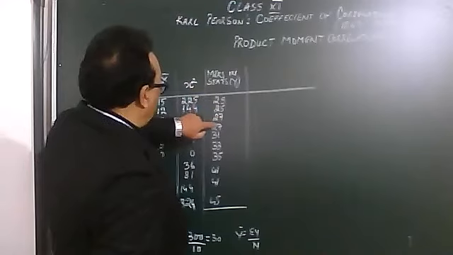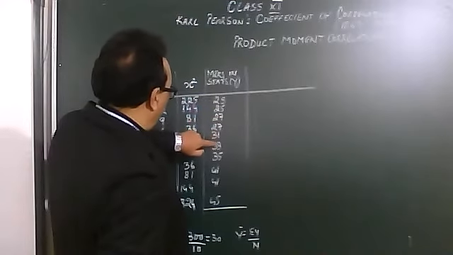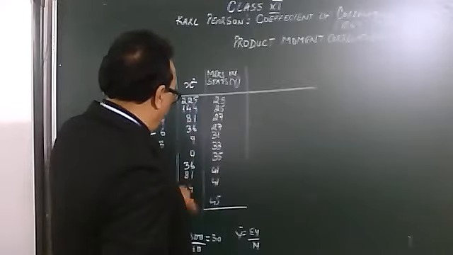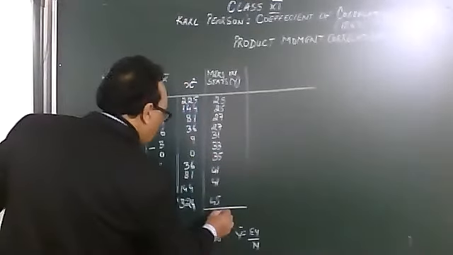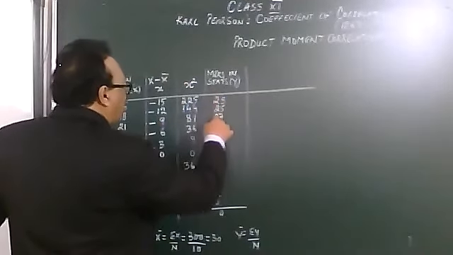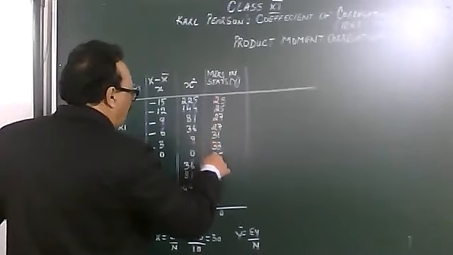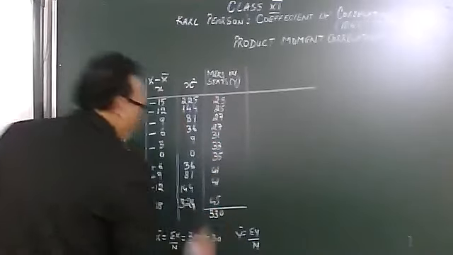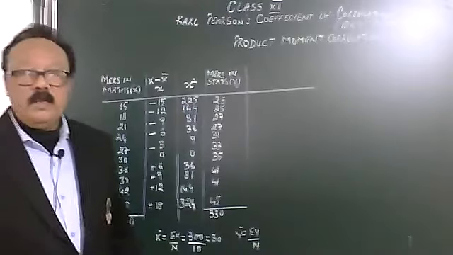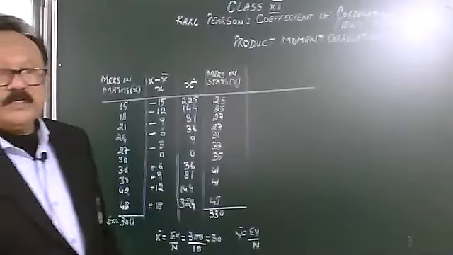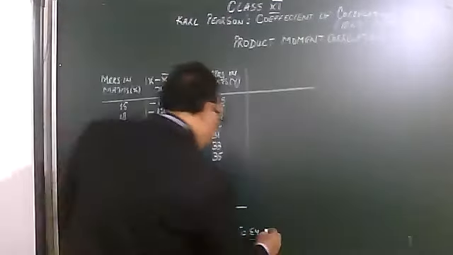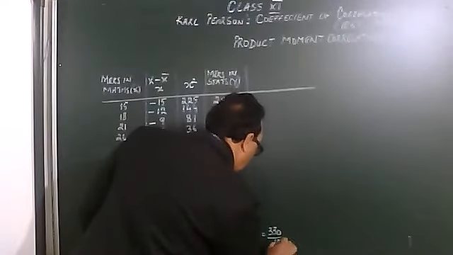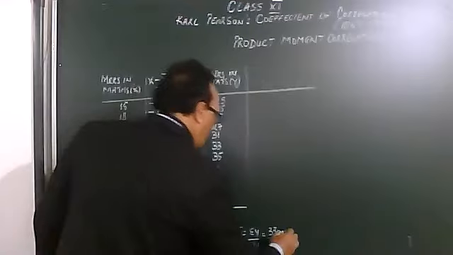Kindly make sure your addition is correct. 330 upon 10, that is equal to 33.